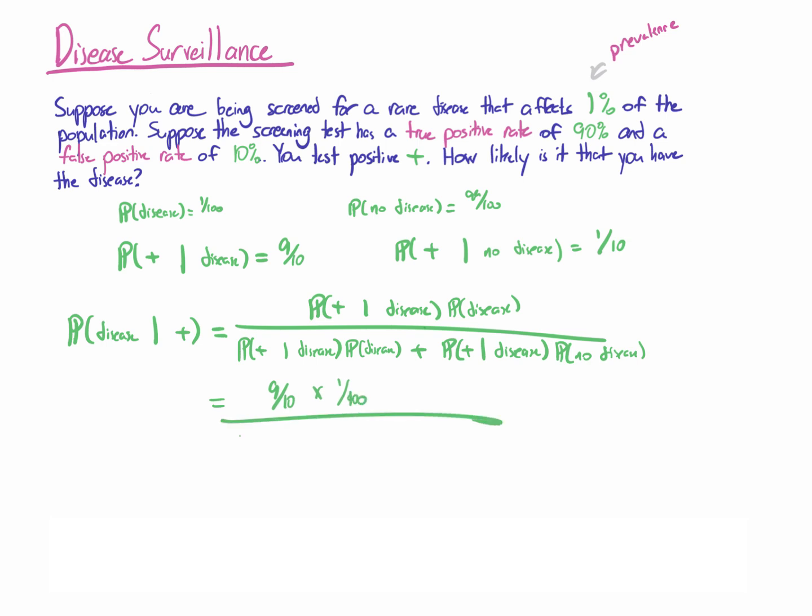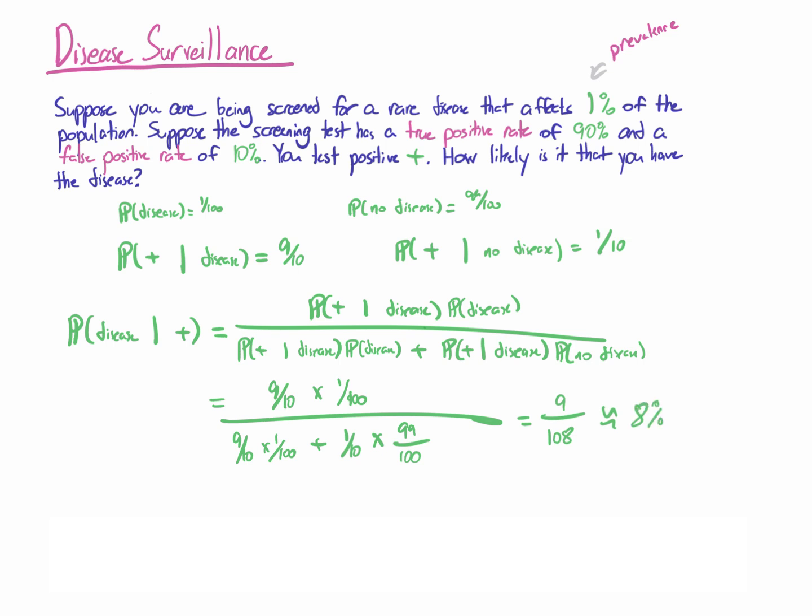And then I divide by another copy of that term, plus another term to consider, the probability of a false positive, so that's the probability of a positive test given that I do not have the disease, and that's going to be 1 over 10, times the probability of not having the disease, that's 1 minus the prevalence, which is 99 over 100. And if I multiply all this out, I'm going to get an answer of 9 over 108, which is roughly 8%.